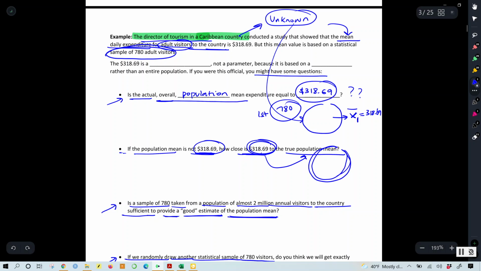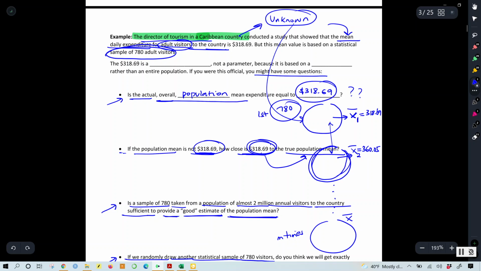Now, these 780 visitors can have just about the same people or different people or a mix of those people. So I would combine or add up all of their averages for the day, and I will get another average for this 780 visitors. So let's say I get $360.05. I will repeat this process, let's say, m times.